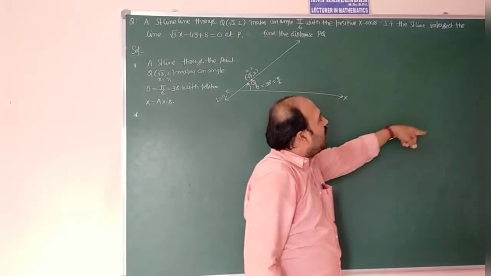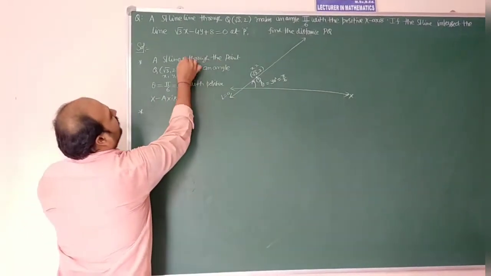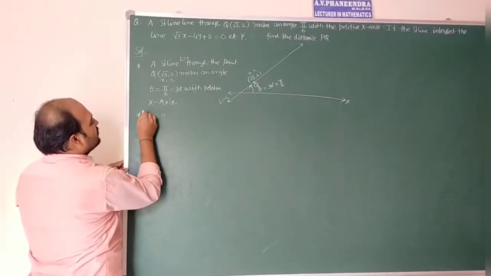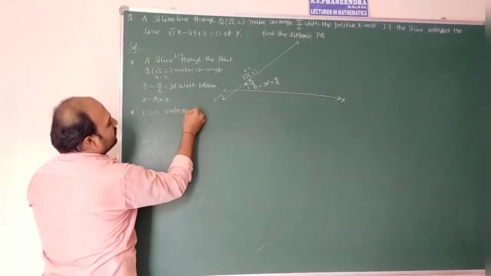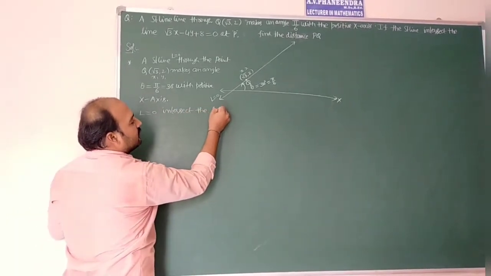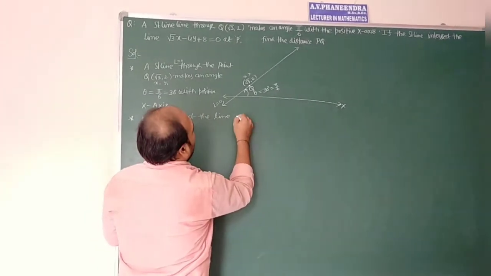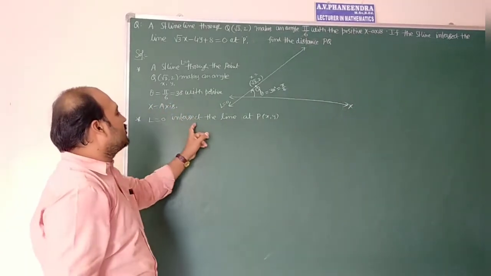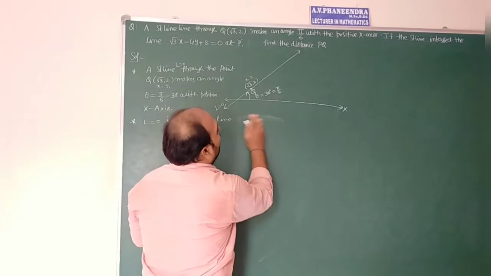Next point is what? If the straight line L, you can write L is equal to 0, intersects the line at P of x comma y. What line is it? That line you have to write.